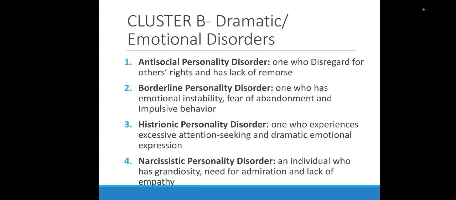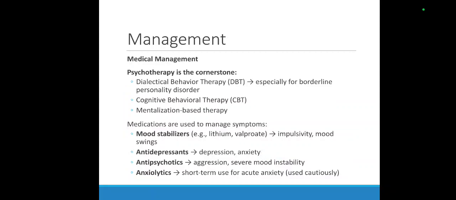Another type in cluster B is histrionic personality disorder, one who experiences excessive attention seeking and dramatic emotional expression. And then we have narcissistic personality disorder, an individual who has grandiosity, a need for admiration, and lack of empathy.